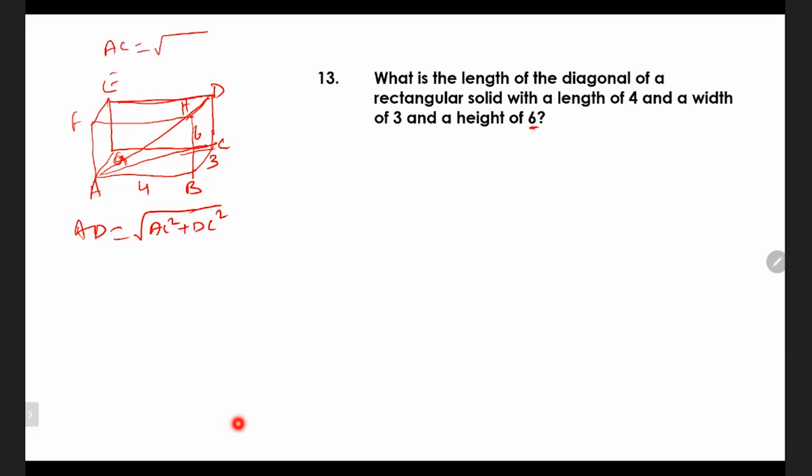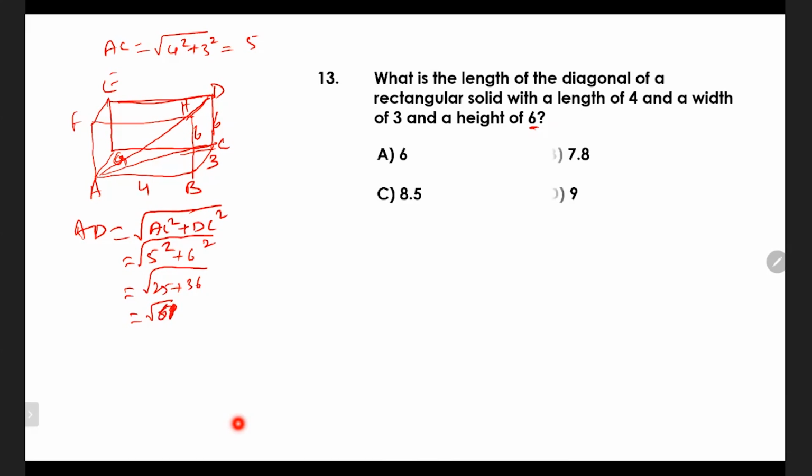AC equal to root of 4 square plus 3 square. That is 5. So this is 5 square plus 6 square. DC is 6, yes, height. So that is 25 plus 36. So this is root of 61. Okay. 61 root is approximately 7.8.